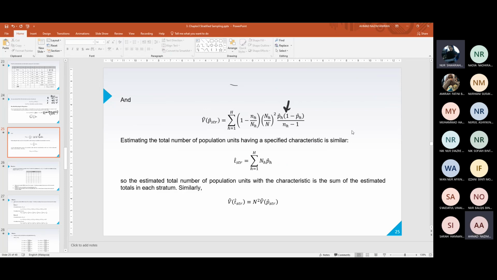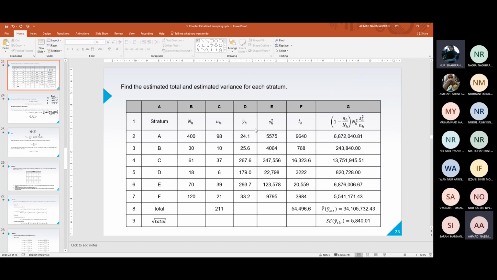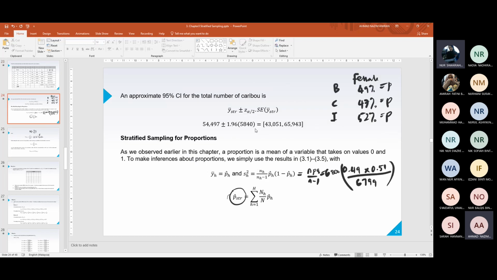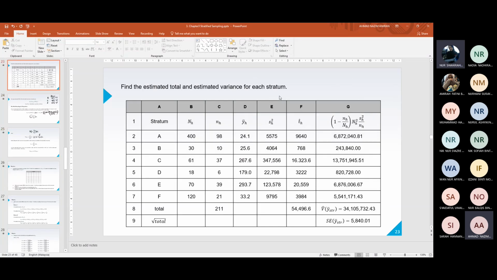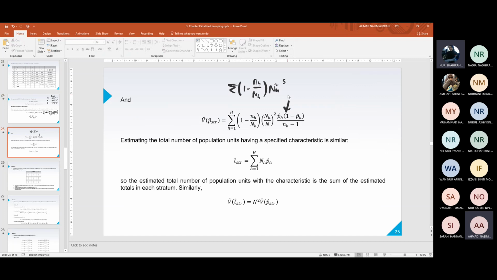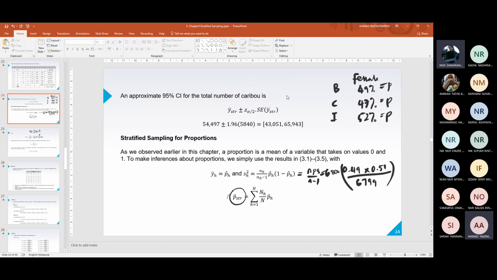Kalau kita tulis balik yang sebelum ni, 1 minus NH, N square H over, mana dia?